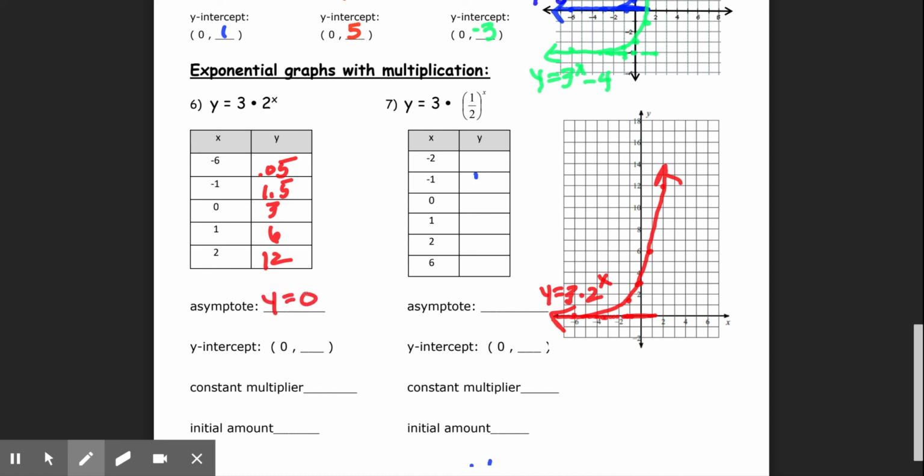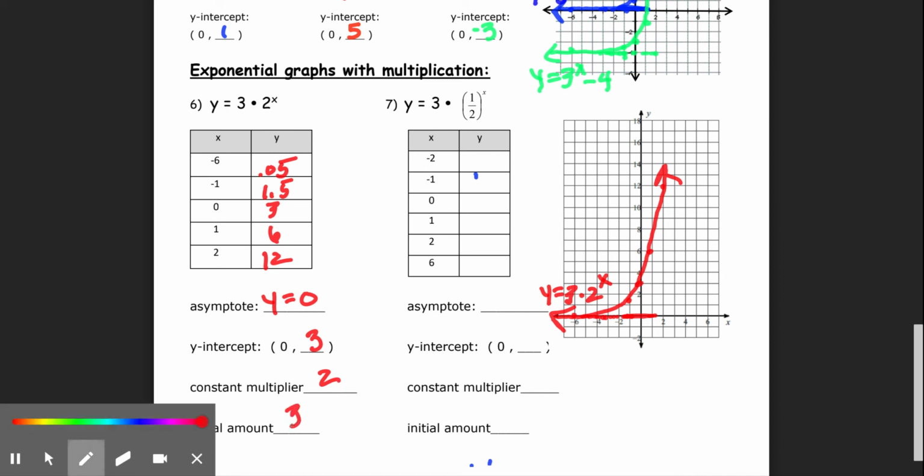So it's y is equal to 0. Your y-intercept, of course, when x is 0, is 3. Oops, I'm sorry. The constant multiplier is 2. And then the initial amount is 3.